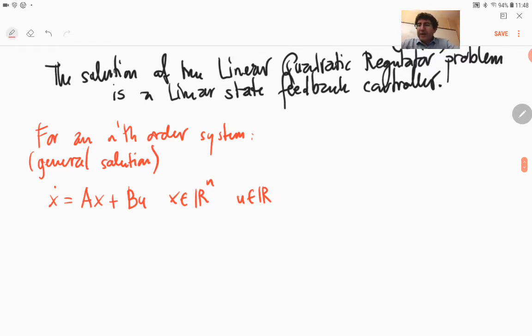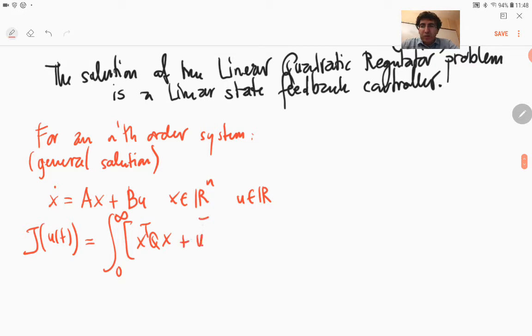R. Okay, so we have therefore the cost function J(u(t)) equal to the integral from 0 to infinity of x transpose Q x, x being a function of time, obviously, plus u transpose R u.